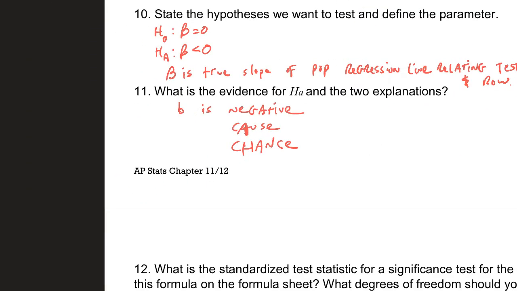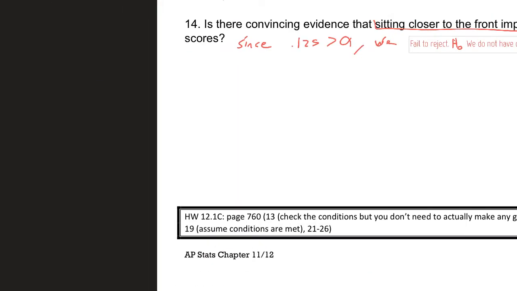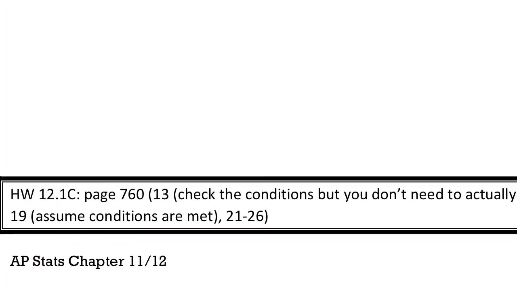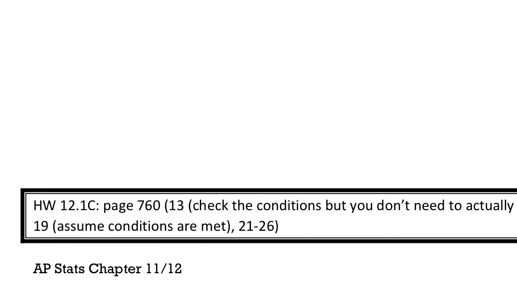All right, to modify the homework real quick, I'll try to post this in Classroom also. Number 13 is a significance test, but it also has a lot of chapter 3 things. So we're just going to say skip the conditions entirely. So when you're supposed to do the phantom, just skip the A step of phantom.